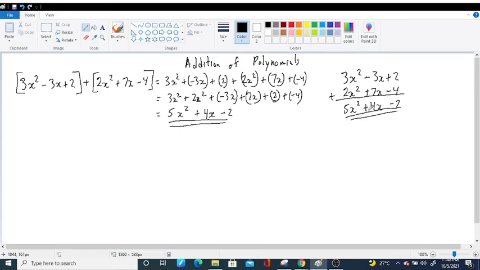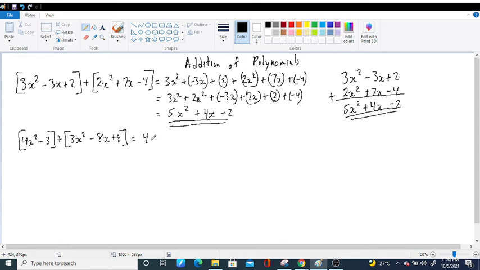Let's look at another example. Consider that you have been given 4x squared minus 3, open close brackets, plus open bracket 3x squared minus 8x plus 8. First step, get rid of the brackets.